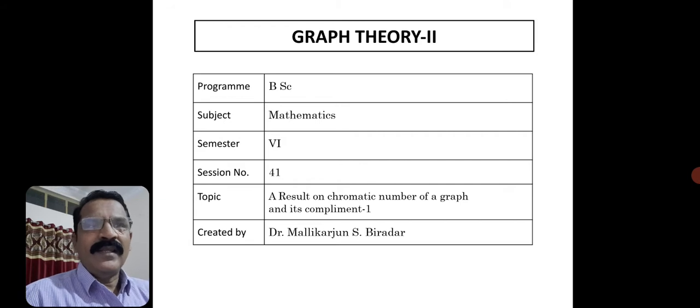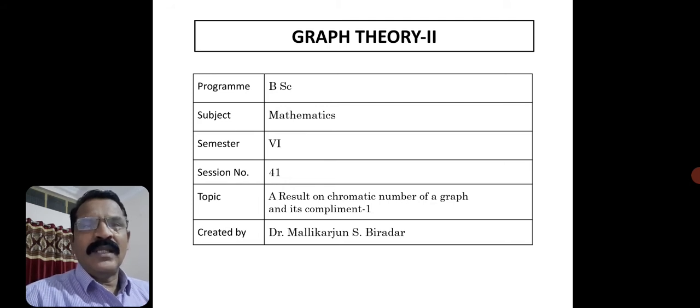You know already, a complete graph is nothing but every pair of its vertices are adjacent. If I consider a complete graph with p number of vertices, then every pair of its vertices are adjacent. Then if I ask you to find the complement of Kp, which is denoted by Kp bar, it contains the same vertex set as that of Kp, again p vertices.